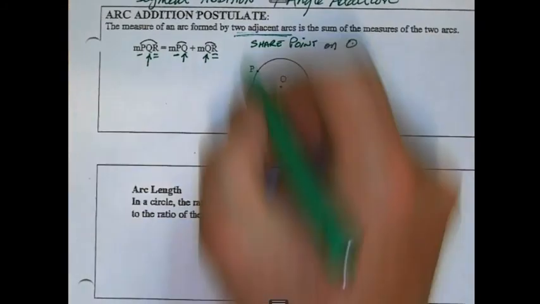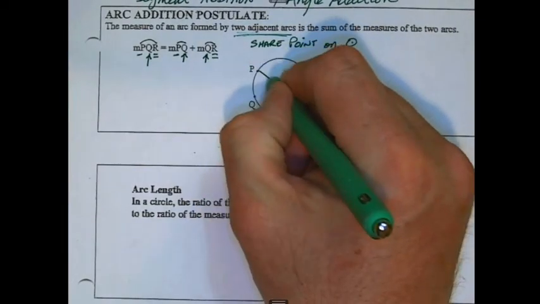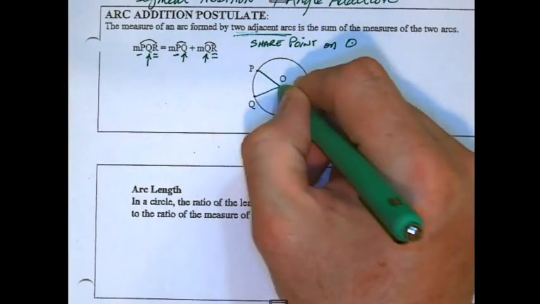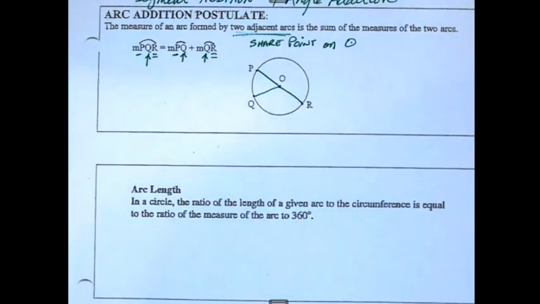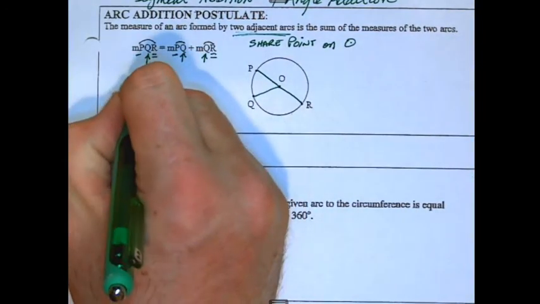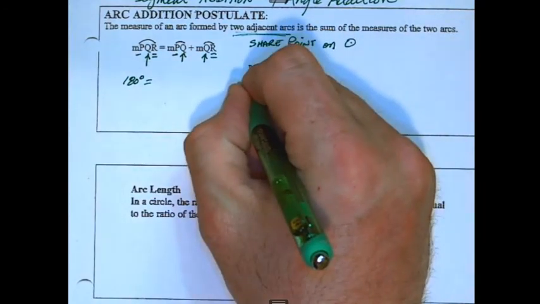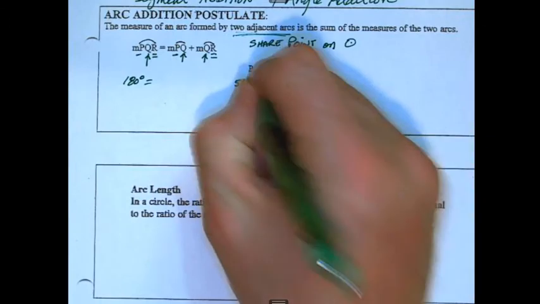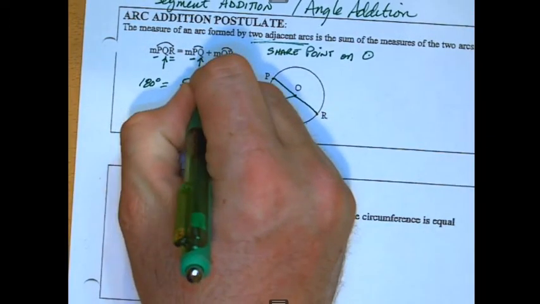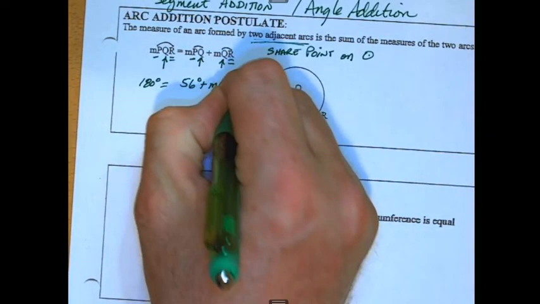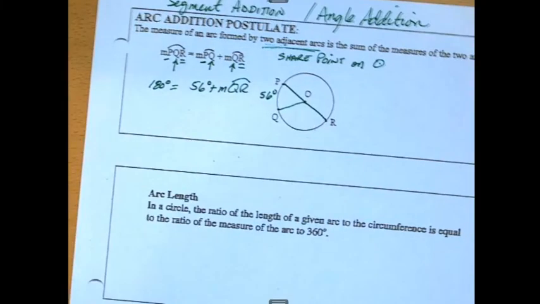Okay, so if circle O is here and we have this angle and this angle, it kind of looks like 180 degrees. Let's say that this is 180 degrees and arc PQ has a measurement of 56 degrees. What's the measure of arc QR? Pause it, answer it.